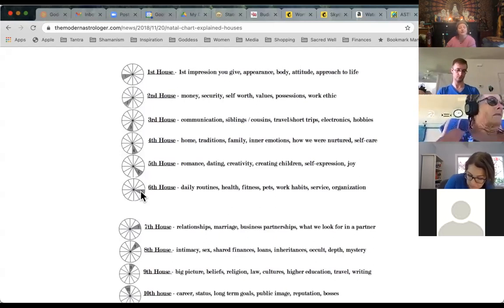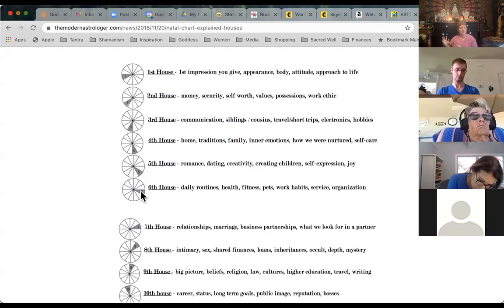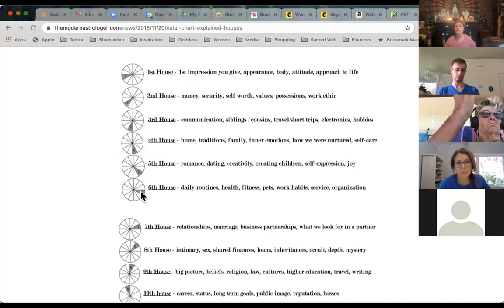They can be related to different aspects of our health and wellness, and any communities to which we might belong, where there's a mission to accomplish something together. So it's not necessarily your neighbors, but if you and your neighbors are in a neighborhood association, then that neighborhood association belongs in that 6th house.